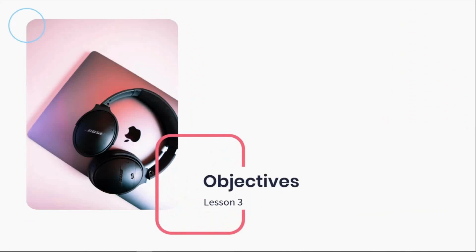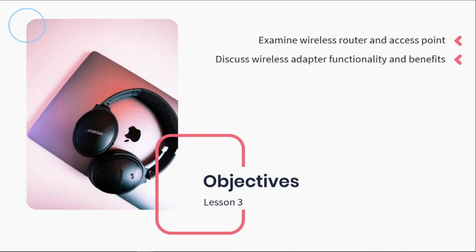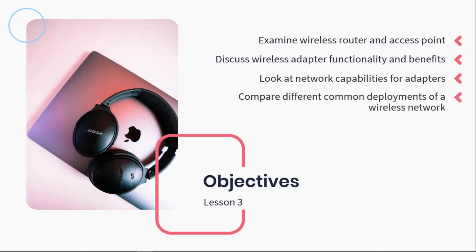So, what aspect of cybersecurity are we going to be looking at today in Lesson 3? We'll start by looking more in-depth at a wireless router and wireless access point. We will then discuss wireless adapter functionality and benefits and some network capabilities for adapters. We'll end off with a section on some common deployments of a wireless network in the business world.